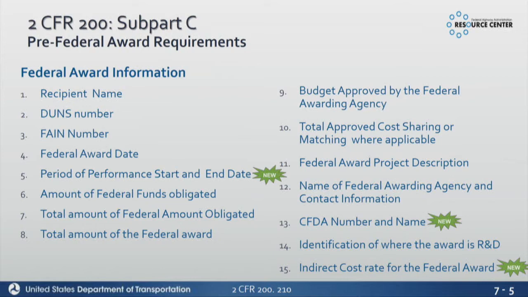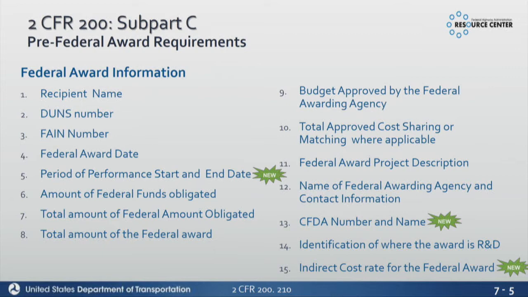The only different criteria up there is number 9, budget approved by the federal awarding agency. Remember, this is 2 CFR 200, so 2 CFR 200 applies to all federal agencies, not just Federal Highway, so we have to figure out what this means for our program. We've identified the budget approved as what we're using for that as the STIP reference.